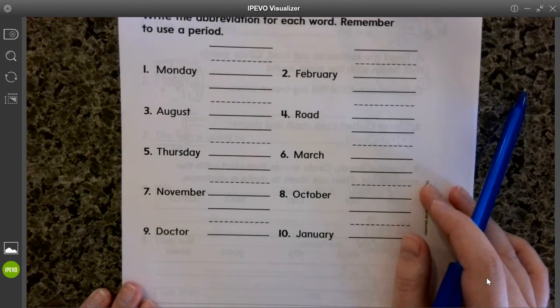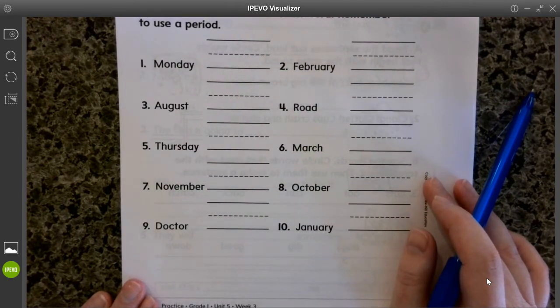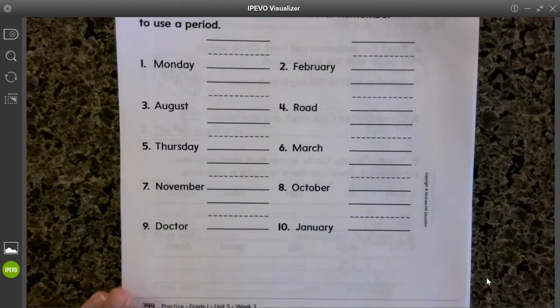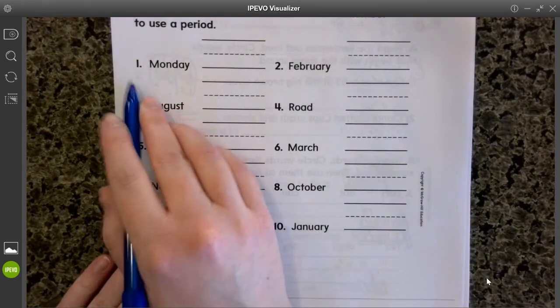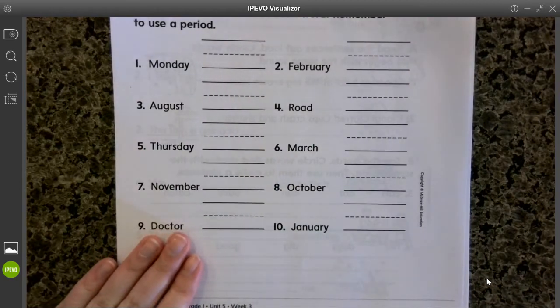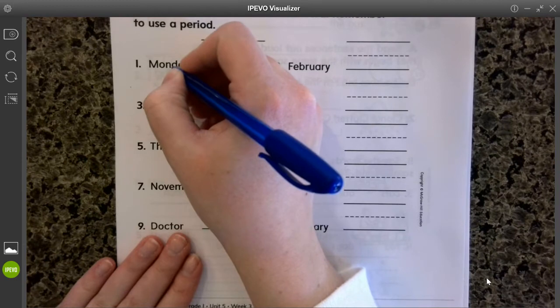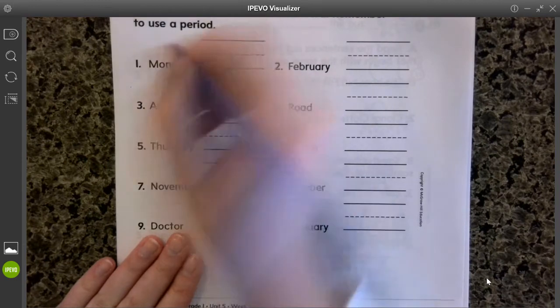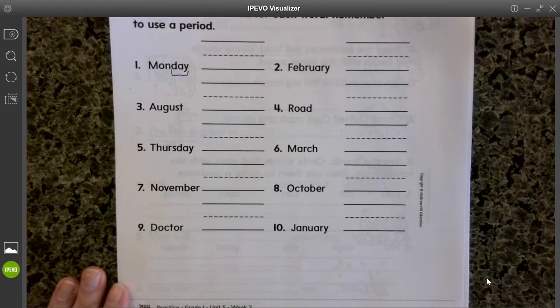And so we're going to look at a few other months and days of the week and show how they get abbreviated. There are a couple other words on here as well, and we'll talk about them when we get to them. Okay, so number one, we have Monday. Now, when we're looking at the days of the week, it's a good thing to remember that the word day gets repeated in any day, right?